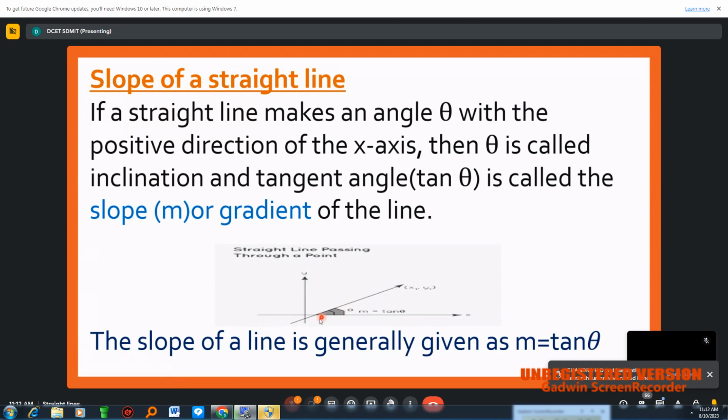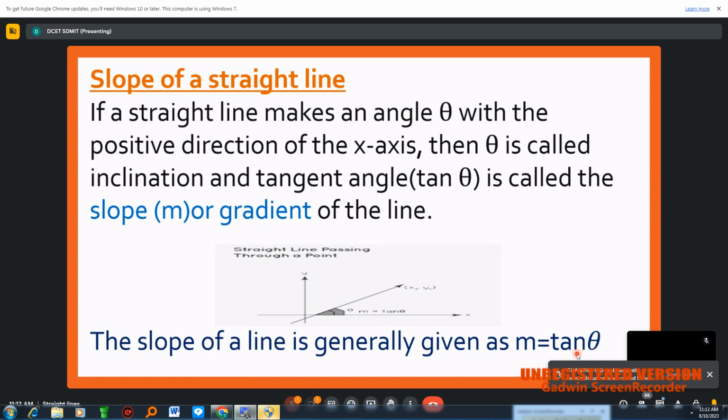If we have a straight line that makes an angle theta, that angle theta is called the inclination, and tan of that theta is called the slope of a line. Generally the slope of a line is denoted by the symbol small m. Therefore the slope of a line is given as tan theta.